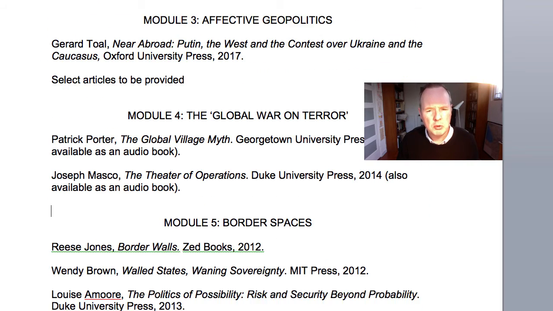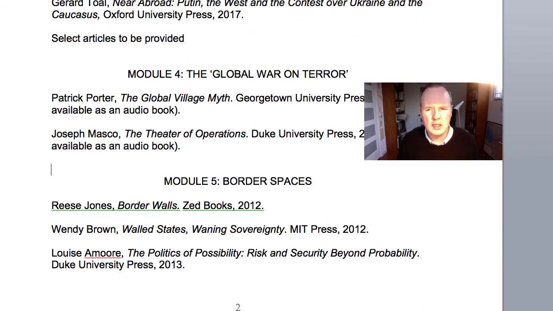Then we're going to switch gears somewhat. We're going to look at the global war on terror, and we're reading two really terrific books, both of which are also available as audiobooks. Patrick Porter's book, The Global Village Myth, which came out recently, and Joseph Masco's book, The Theatre of Operations.